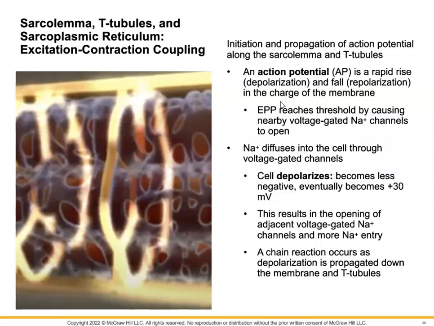Threshold was about -65 millivolts. But if we bring in enough sodium, that membrane is going to go all the way to +30. So that reverses the polarity of the cell membrane, and that is what depolarization is. Now, depolarization is going to continue until we close those sodium gates.